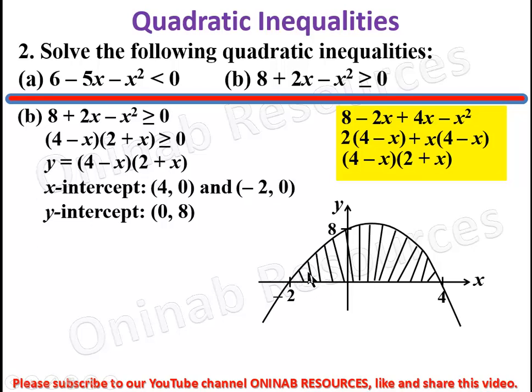This region satisfies the range of values of x for which 8 plus 2x minus x squared is greater than or equal to 0. So our solution set will be the set of x such that negative 2 is less than or equal to x and x is less than or equal to 4. That's the end of the solution to problem 2.